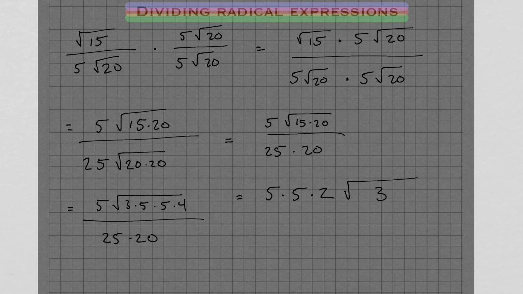This 2 comes from this 4 coming out, which gives us a 2. 5 and 5, we bring that out, we get this other 5 here, divided by 25 times 20. Now we can cancel out 5 times 5 and 25. Those are going to cancel. 2 and 20. So we get our answer here, square root of 3 over 10.